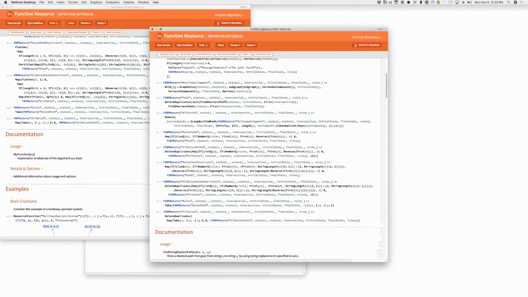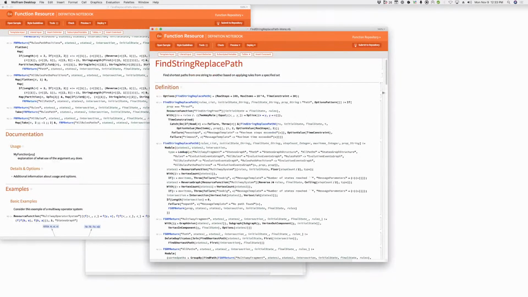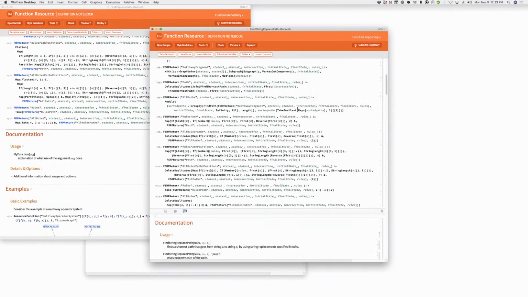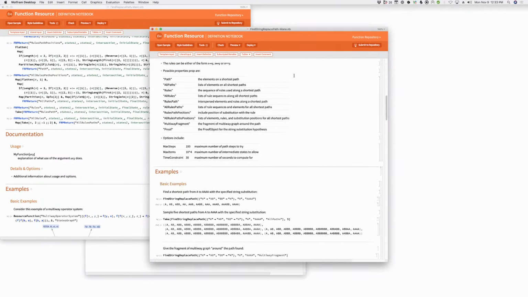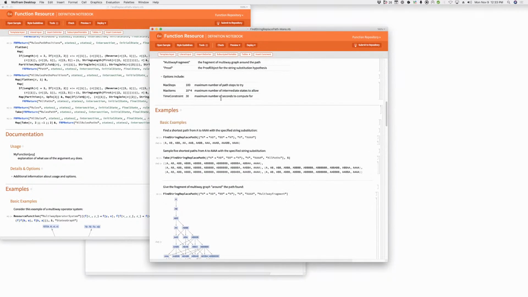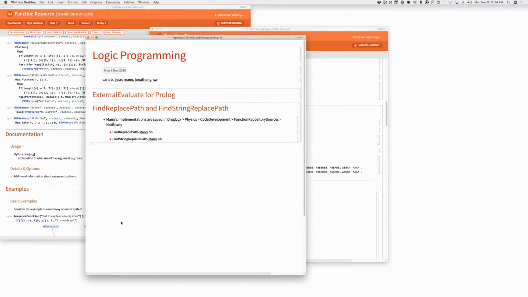Right, so the idea is that we are given a collection of rules, like here, let's just say, this is a reasonable example.